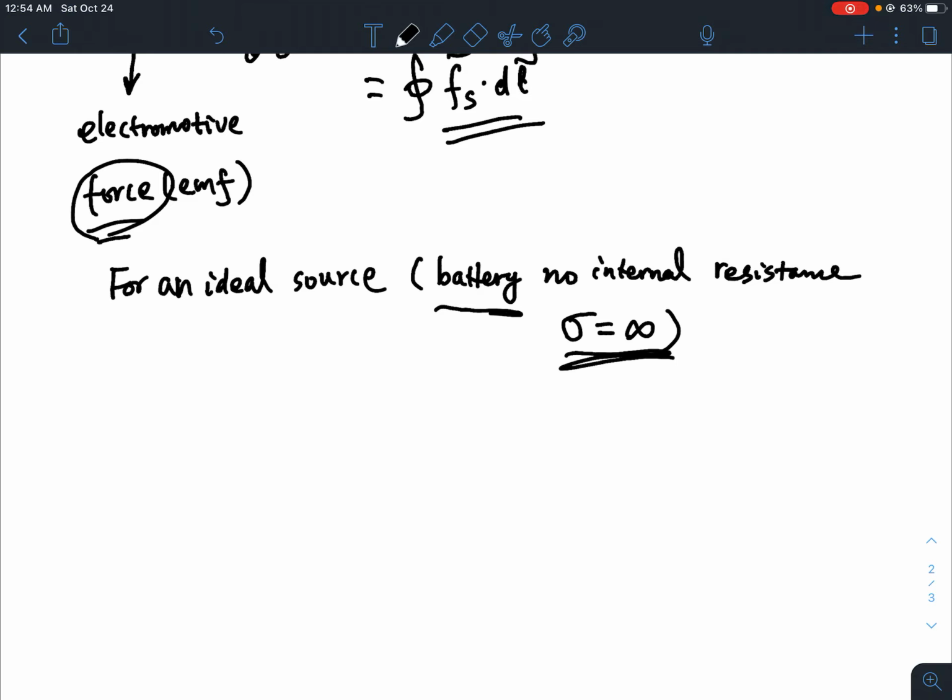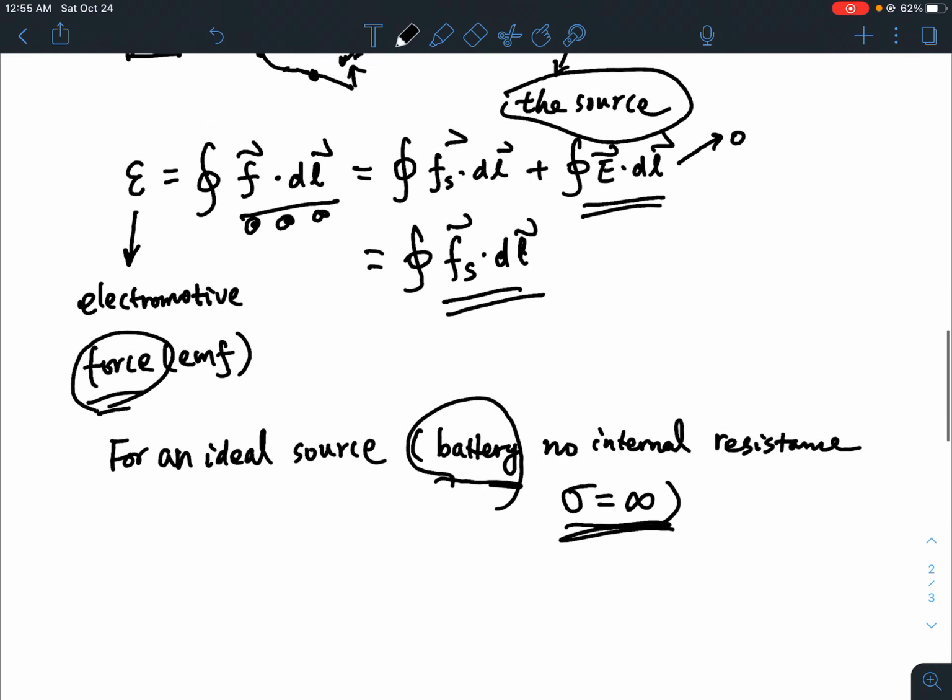That means the net force of the source, let us consider inside this battery, on all the charges that are inside is really zero.